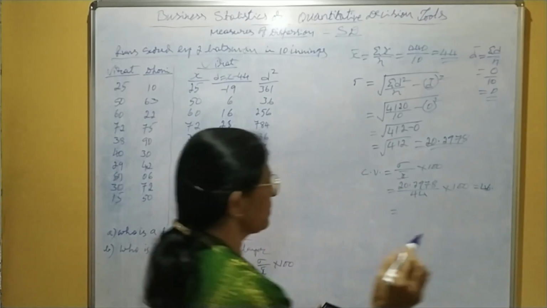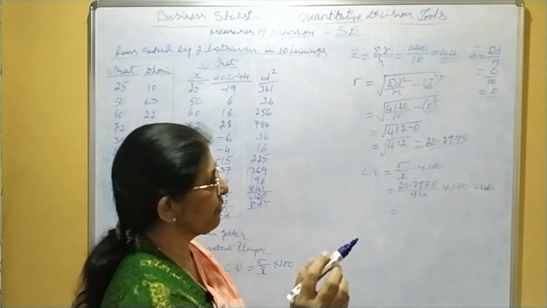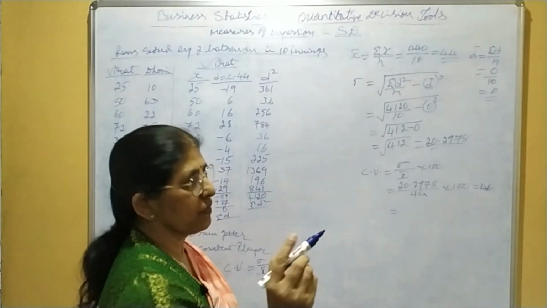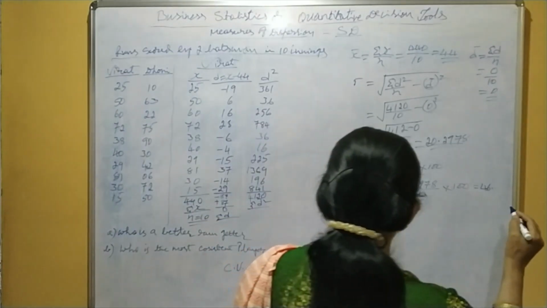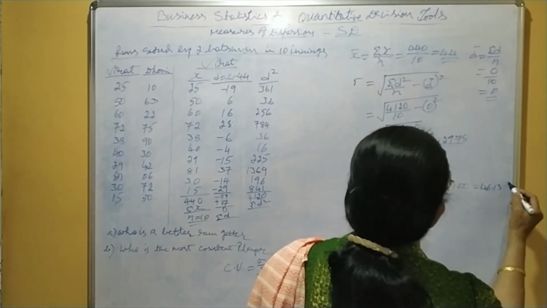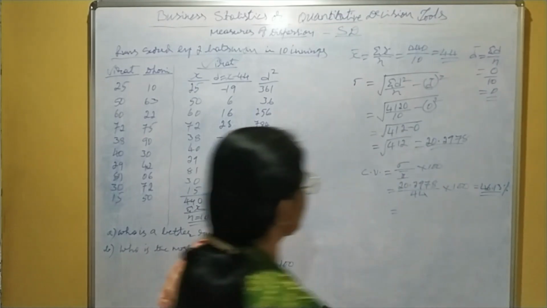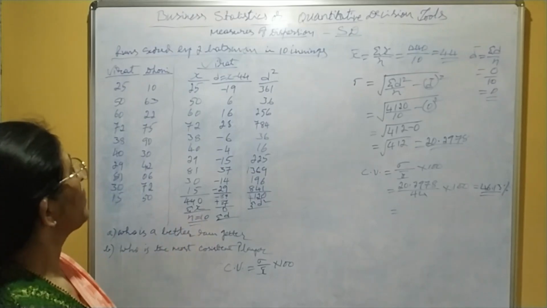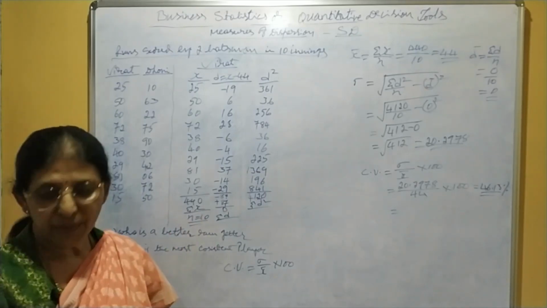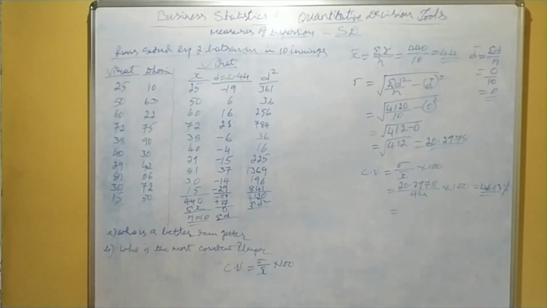Here we have to express in percentage, therefore always take only 2 places after decimal point. 46.13%. Now it is about batsman Virat.